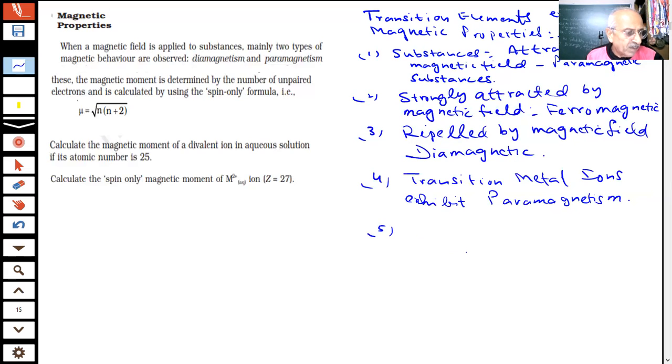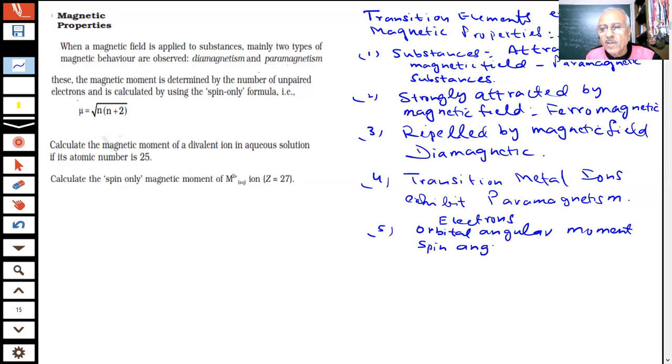There are two types of movements associated with the electron: orbital angular movement and spin angular movement. So electrons have orbital angular momentum as well as spin angular momentum.